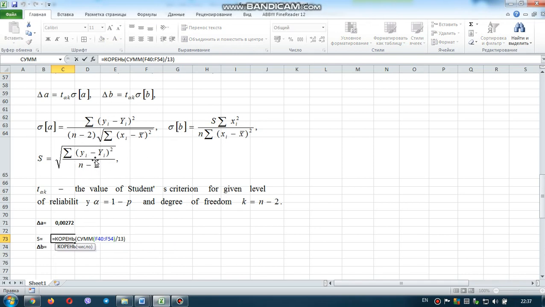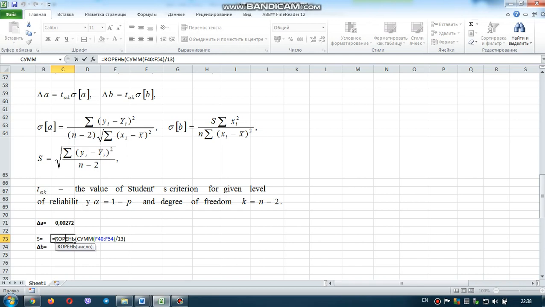This formula looks like the mean square deviation, but in denominator we have the summary value of difference squared y values and capital Y values.